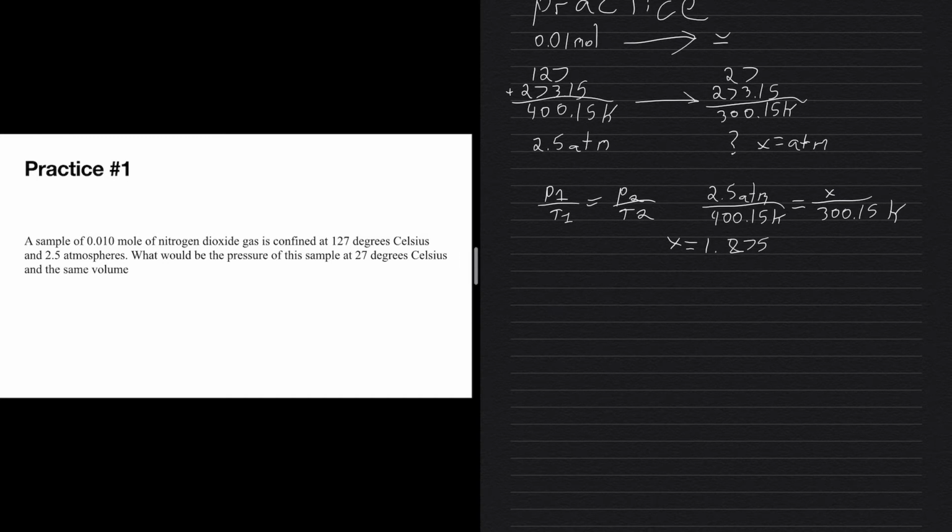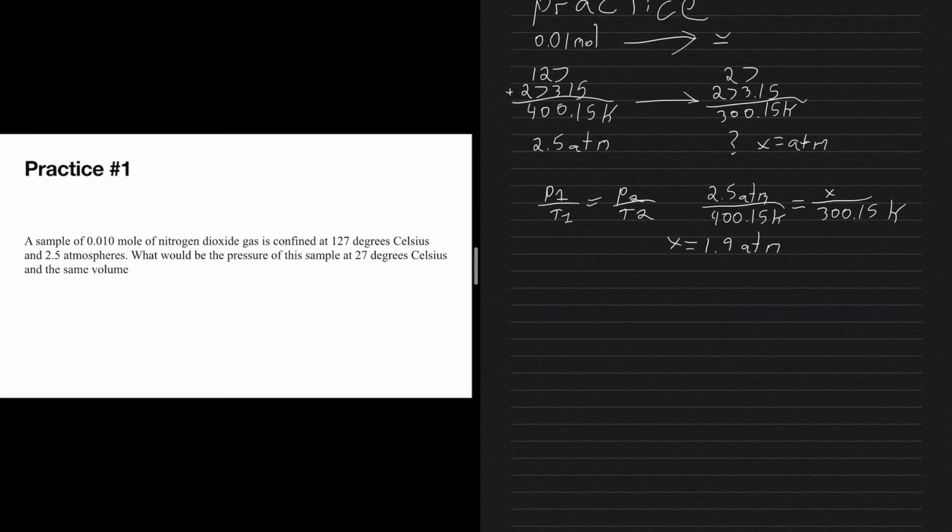And the numbers go on. I'm just rounding to 4 significant figures because that's what we have up here. Oh, my bad. We have 2 significant figures. So I'm going to just round that to 1.9 ATM. Because we're matching significant figures up here.